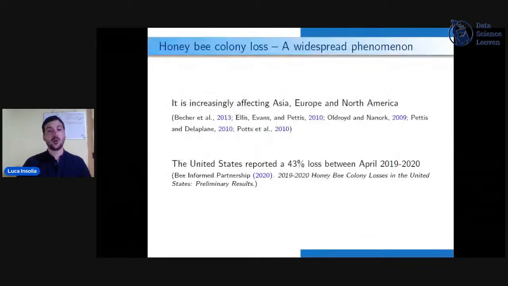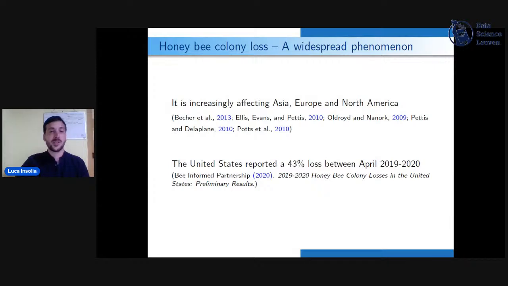Unfortunately, honeybee colony loss is a widespread phenomenon, as you might have heard, happening in different countries. We will be focusing on the United States, where beekeepers suffered an average 43% colony loss between April 2019 and April 2020.